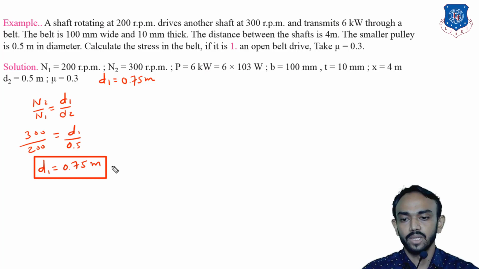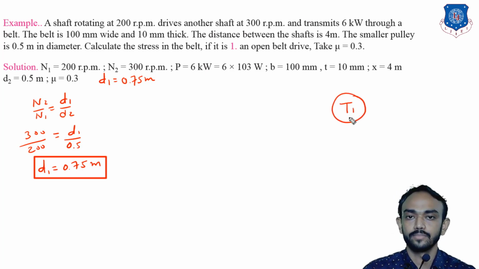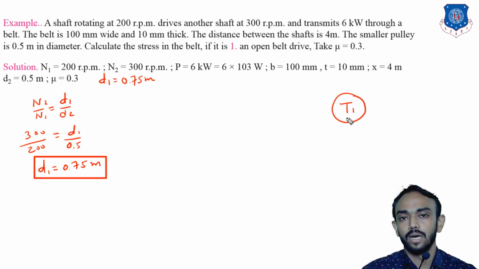After that we need the velocity. We have found D1, and our purpose in this example is to find the tight side T1. How can you find the tight side? How many formulas do you have in which the tight side is there? The first formula is T1 upon T2 is equal to e raised to mu theta.